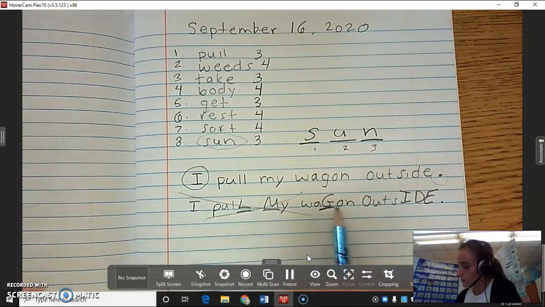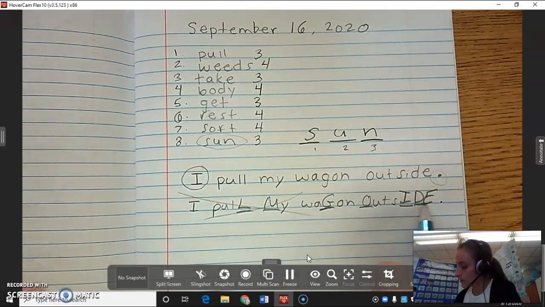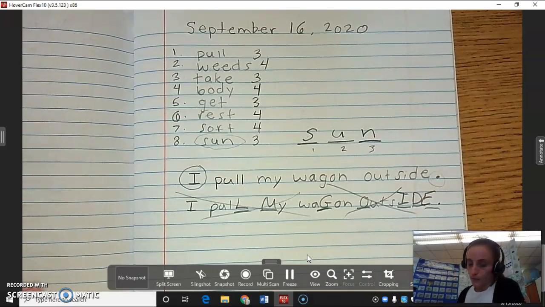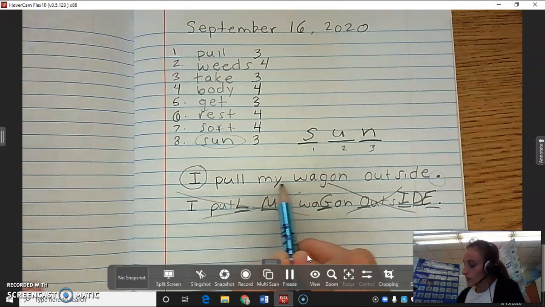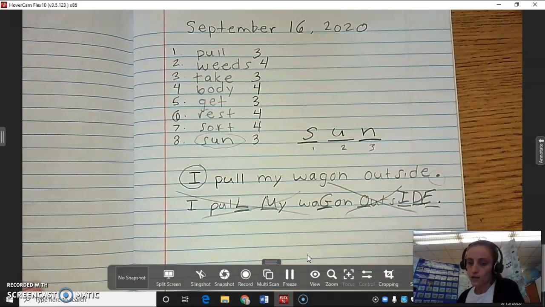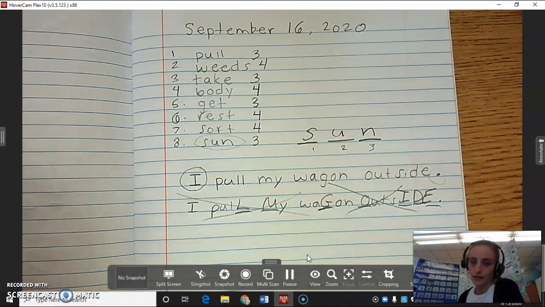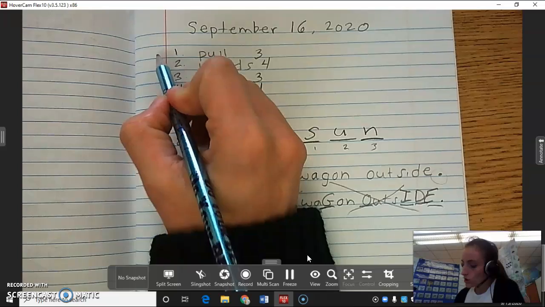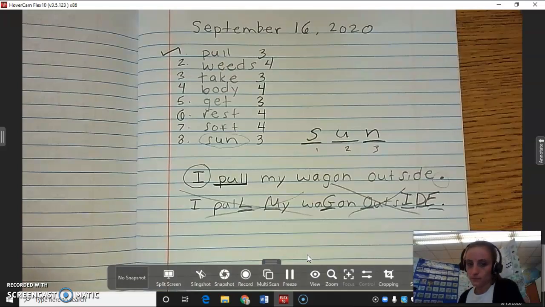This one's uppercase, this one's uppercase, this one's uppercase. That is not how we do it. We do it like this, where it's all nice and lowercase. So when you're writing your sentences, please go back and erase any letters that you made uppercase and make them lowercase. I did pool, so I'm going to underline it and then check off pool.